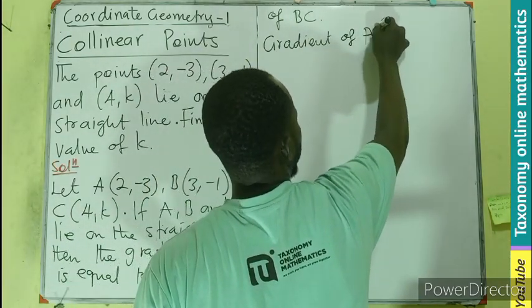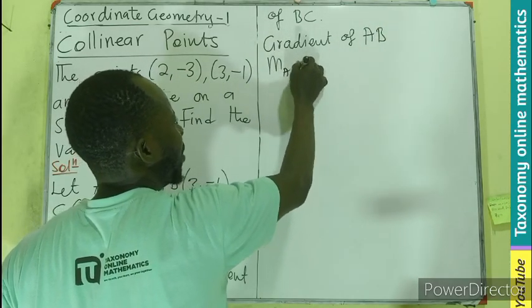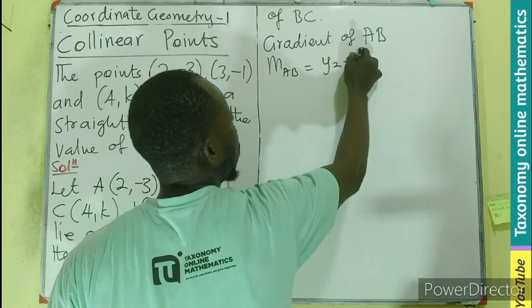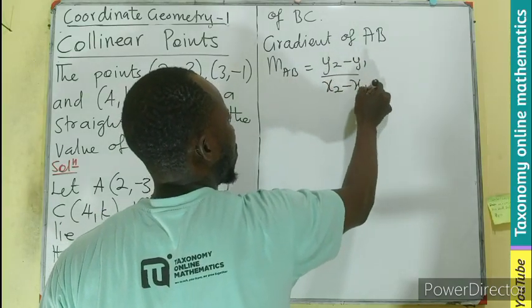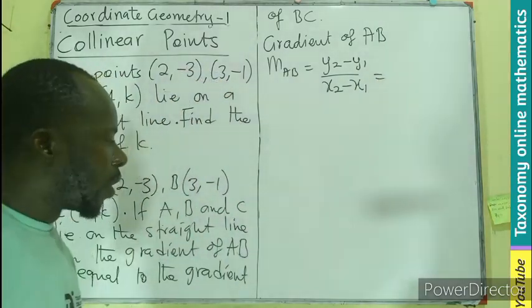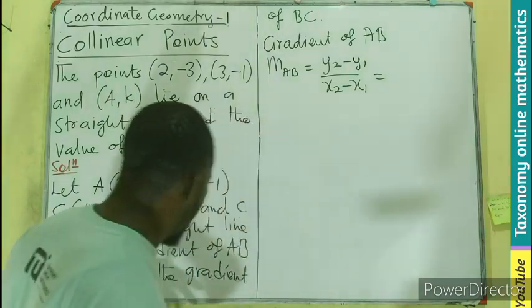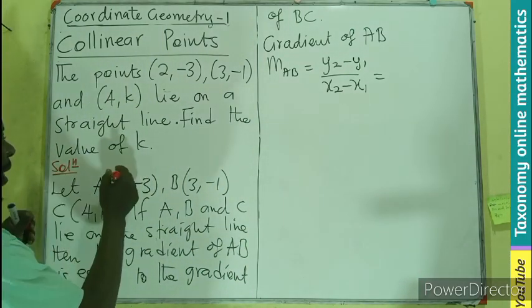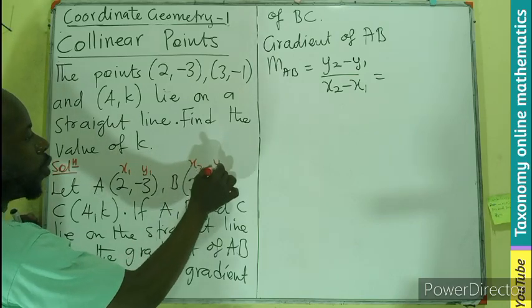The gradient of AB, which we can write as M_AB, is (y2 - y1) divided by (x2 - x1), by recall. Don't forget, if I am picking AB, this will be x1, y1, x2, y2.